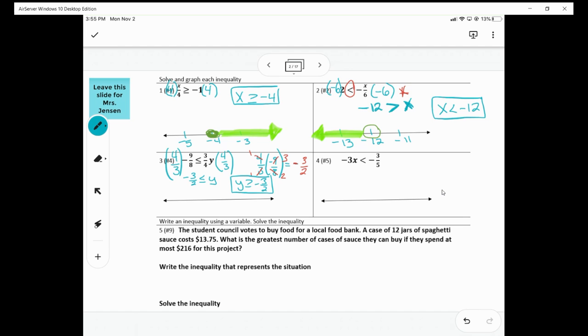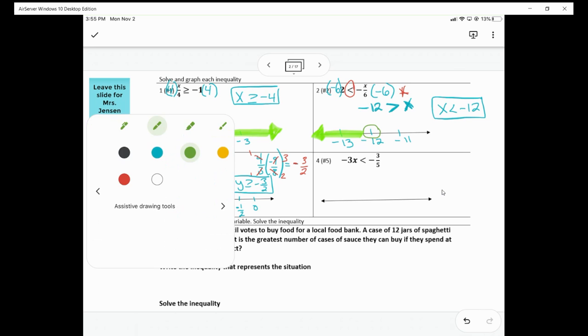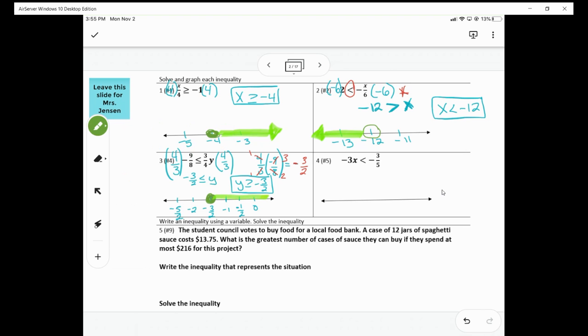Now you can just set up your number line to include numbers like -2, -1, 0, 1, 2, and estimate where -3/2 is, or you can increase by 1/2. -3/2 would be included in this solution. It's all values greater than, so we shade to the right.